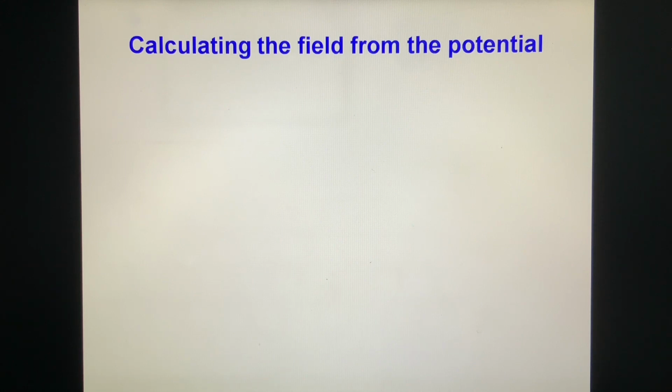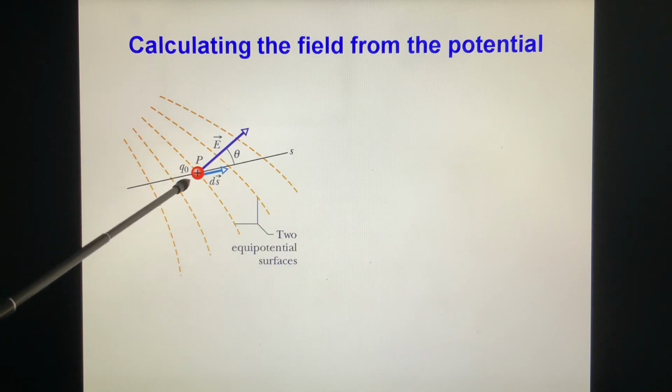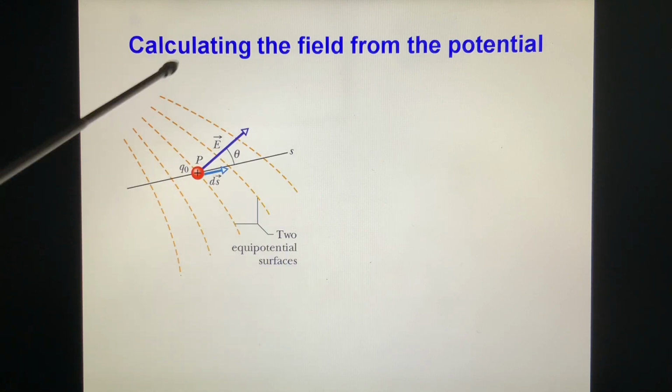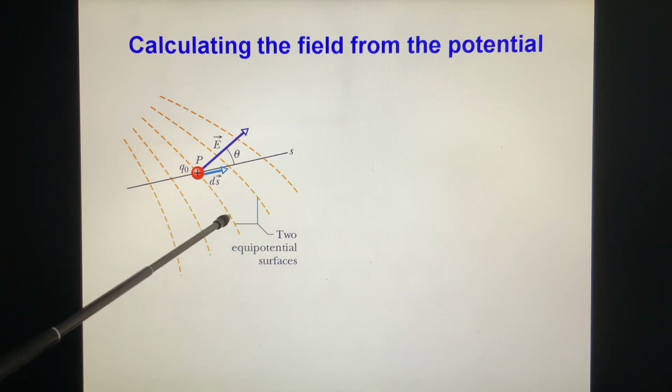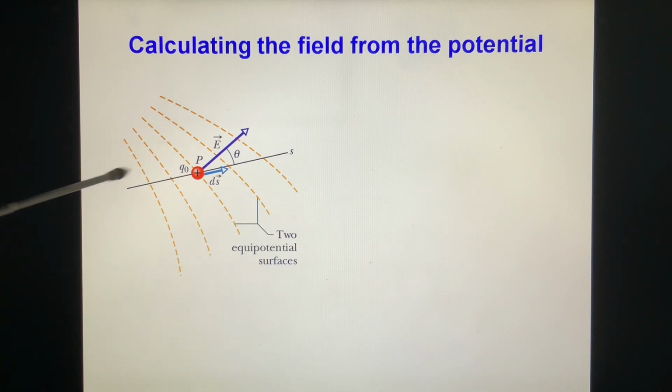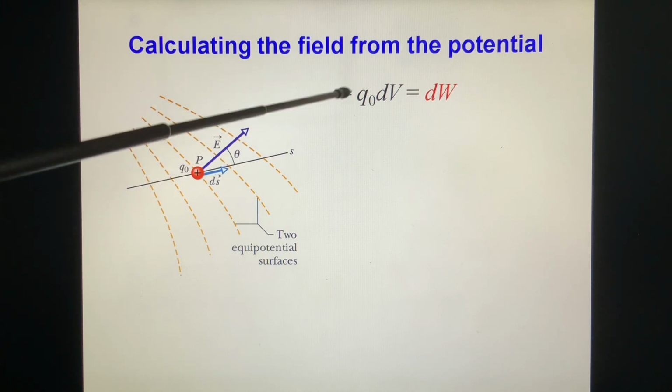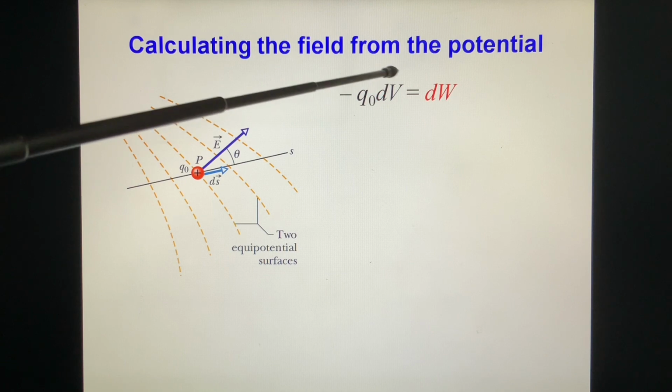Now reverse: calculating the field from the potential. Now we look at this. A charge Q0 is moving in an electric field. This is a differential displacement ds like that. This is the location, this is E. At any point you have a theta, which is the angle between ds and E. When you move, the work done is minus Q0 dV.